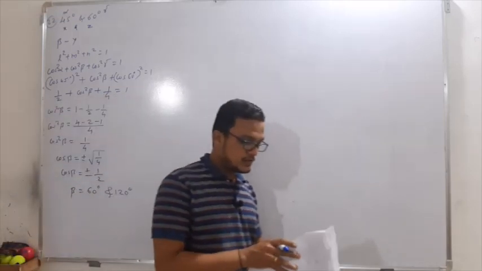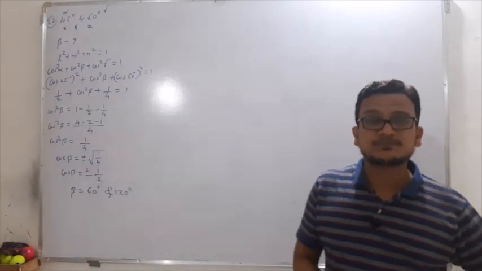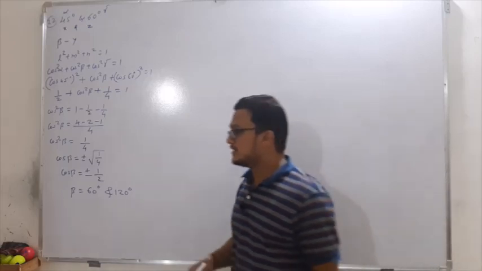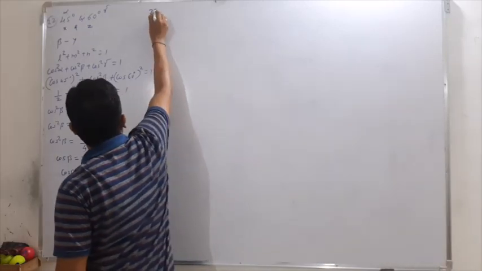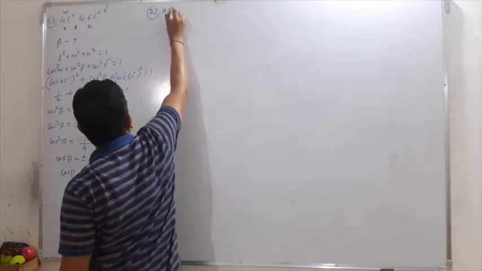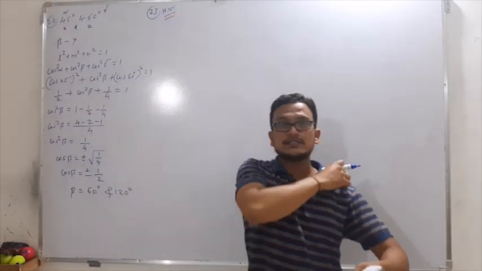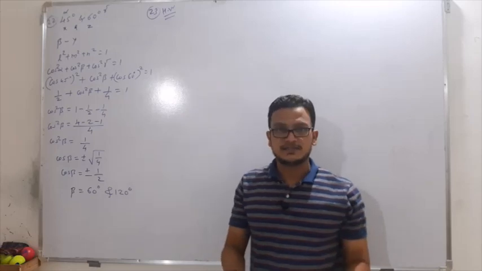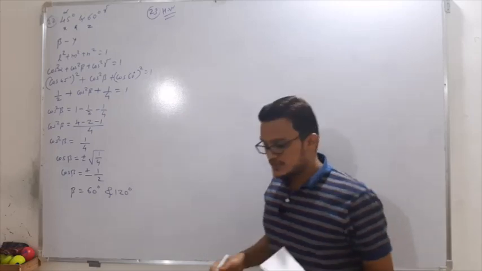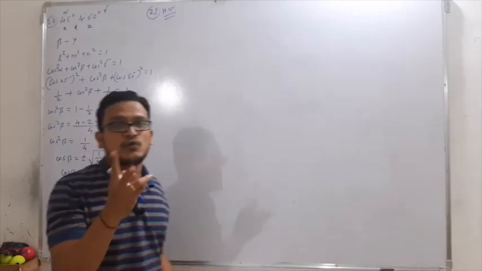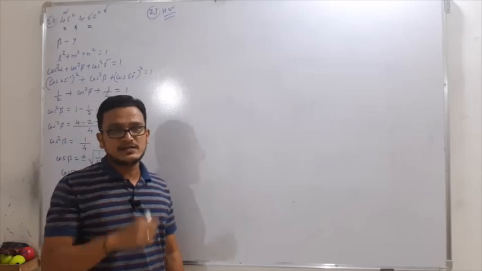Next, question number 23. This question is for homework, which means you have to work it out. What is the question here? We have to find out the shortest distance between the lines. There are two formulas, one for parallel lines and one for skew lines.